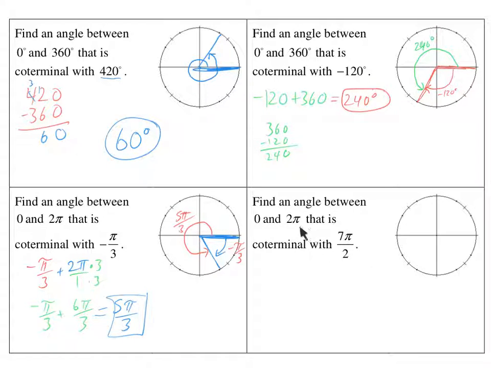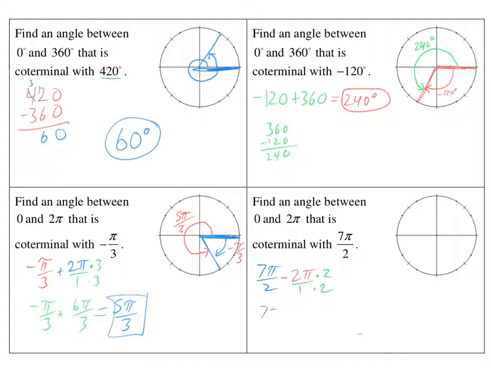Next one, the last one, is between 0 and 2 pi, I want this. This is bigger than 2 pi. So I could do it with a picture, but I'm going to do it mathematically. I'm going to do 7 pi over 2, and I'm going to subtract 2 pi. In order to do that, I have to put a 1 underneath, and multiply top and bottom by 2 so that I get common denominators.